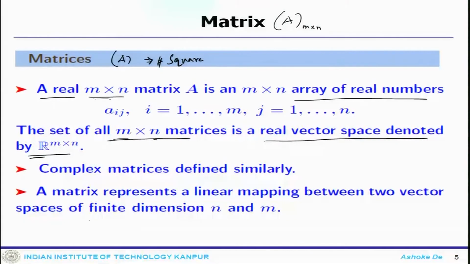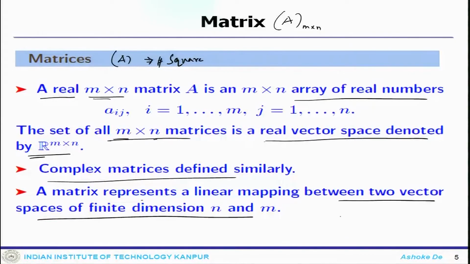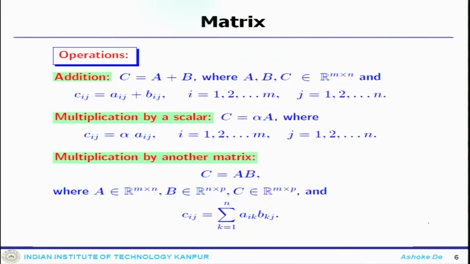The complex matrices are defined separately, and the matrix represents a linear mapping between two vector spaces of finite dimension n and m. So, that means I have a set of m row vectors and n column vectors. These are very important properties.